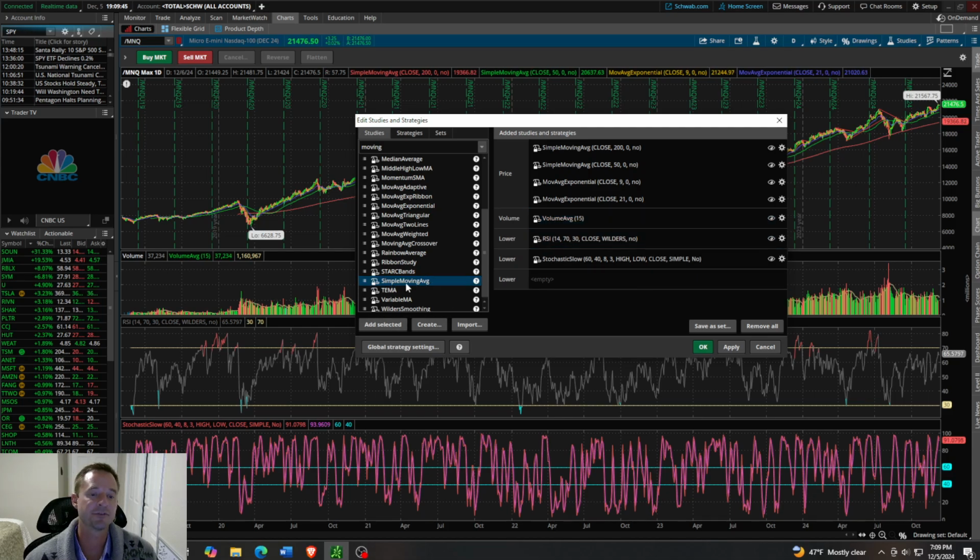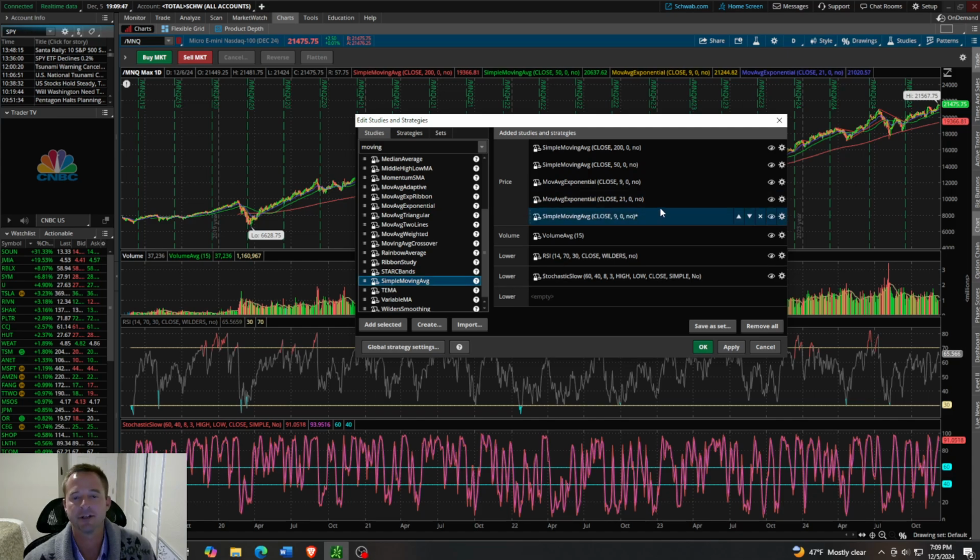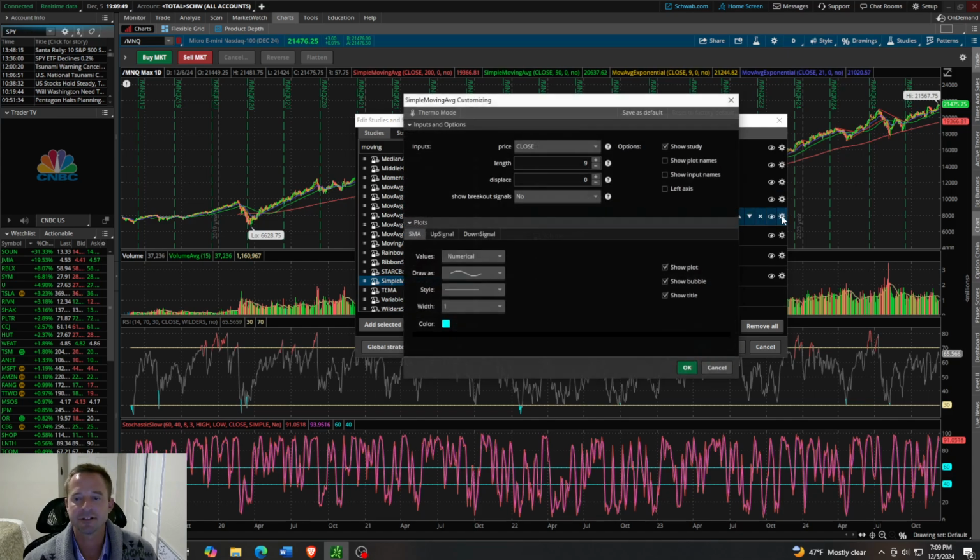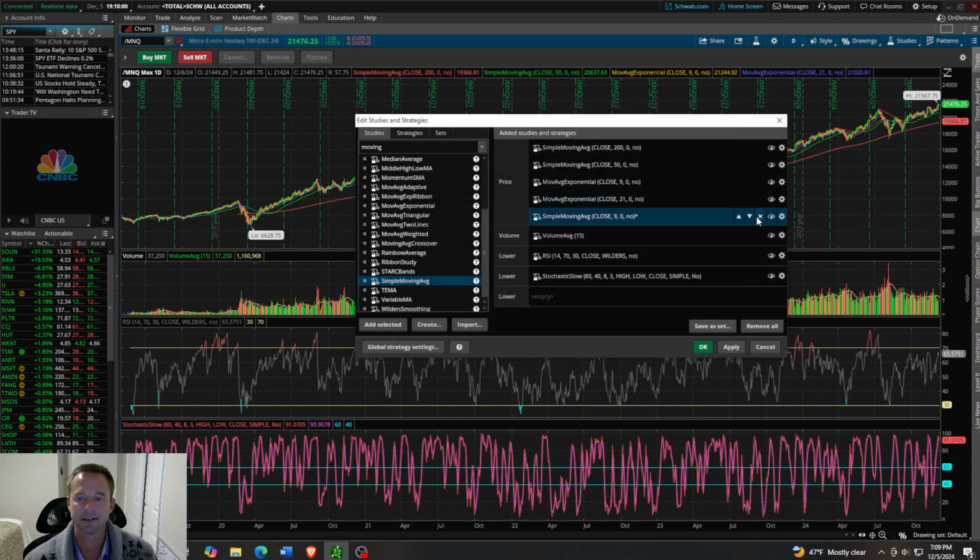So we're going to simple moving average and length, 200. Show study, change the color to whatever. I have mine as red. I like that.